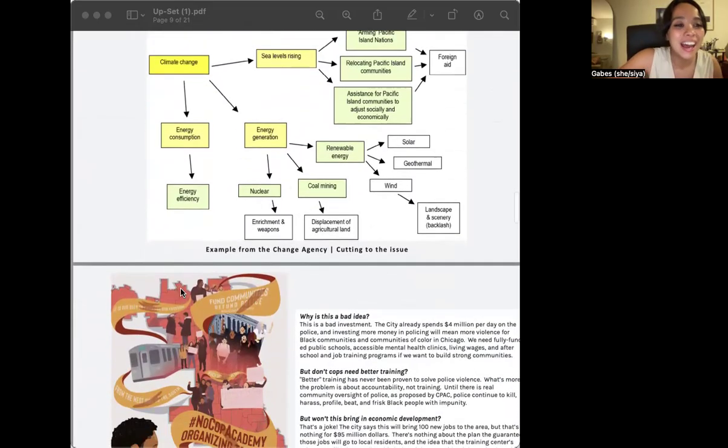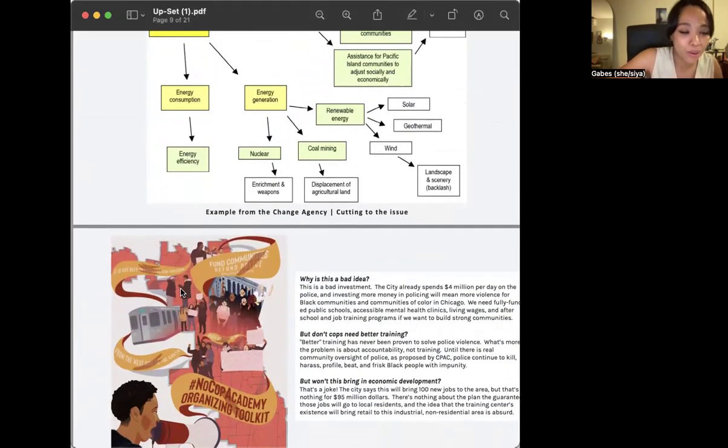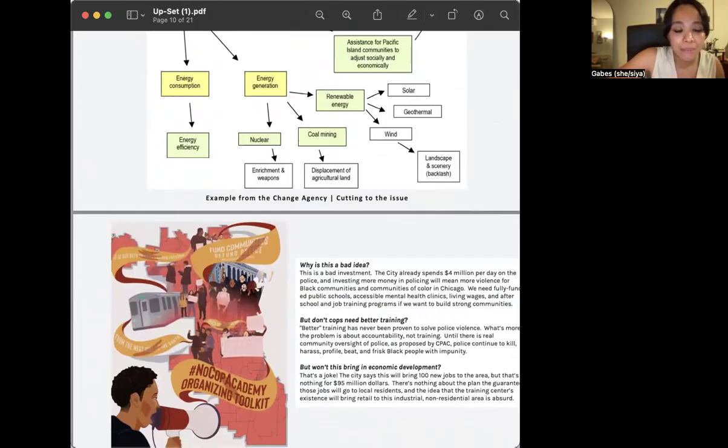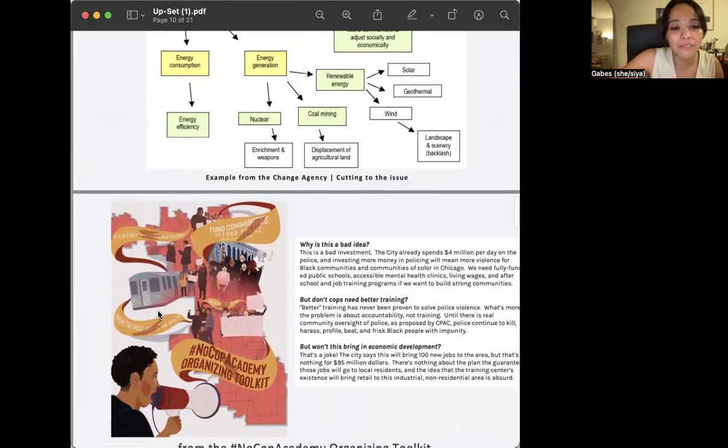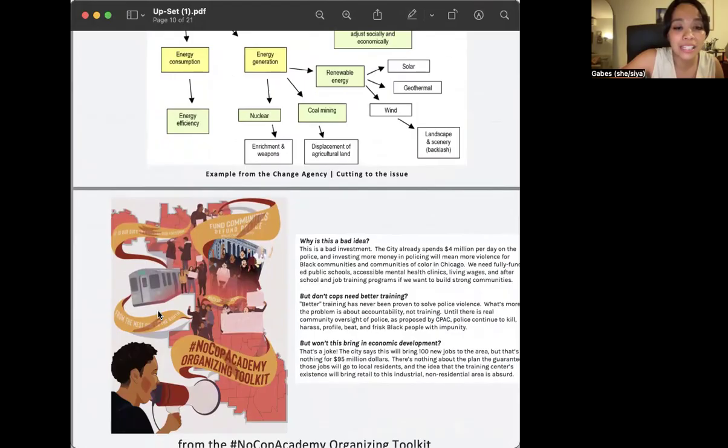You need to have a strong root cause analysis because you'll be able to know the details of your demands. You need to know how to make the demand. And in order to know how to make the demand, you've got to know the extent or the depth of the problem, its context, who causes it, who is harmed directly by the problem.